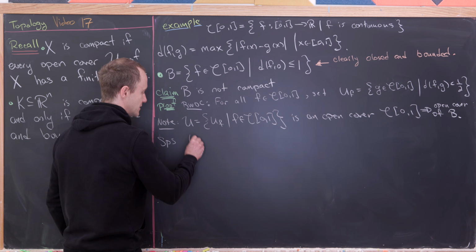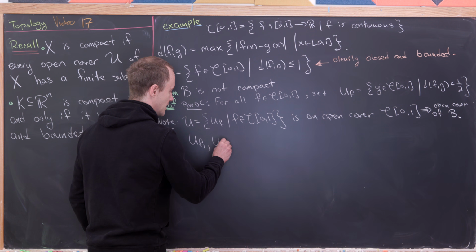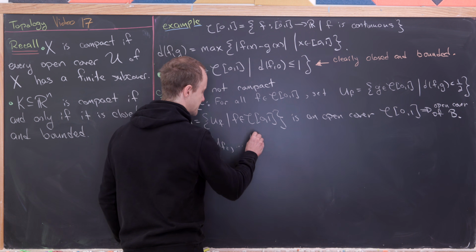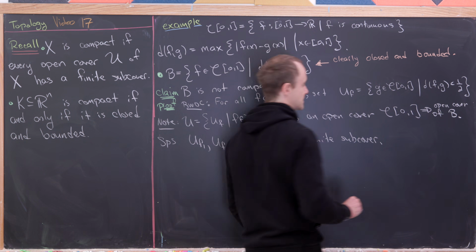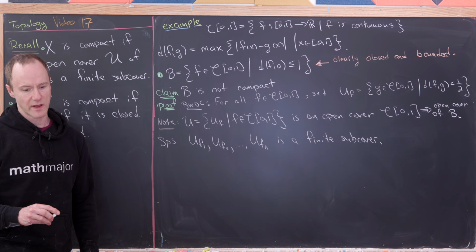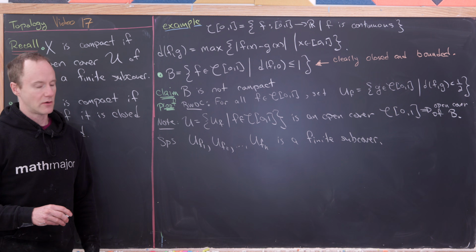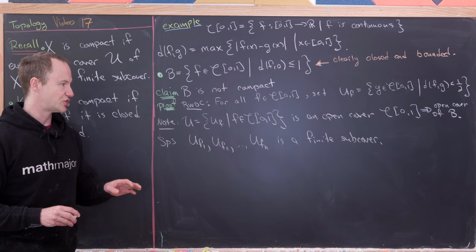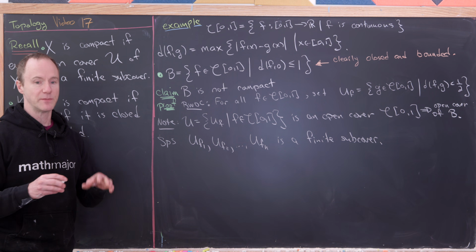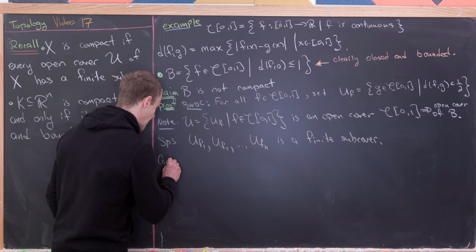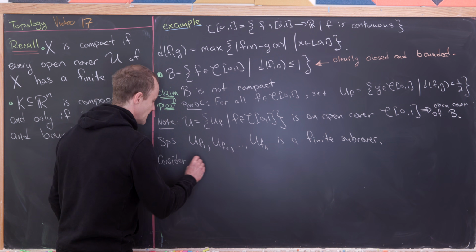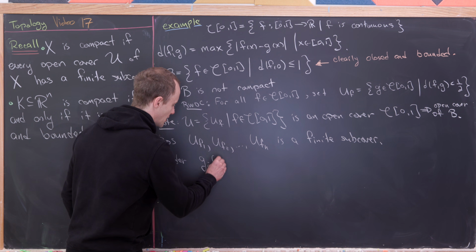So let's suppose that U_{f1}, U_{f2}, all the way up to U_{fn} is a finite subcover. Okay, nice. And now the idea here is to build our contradiction, we're going to also consider a family of functions. And that family of functions will be called g_i(x).